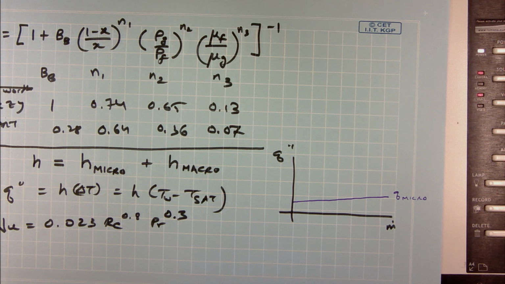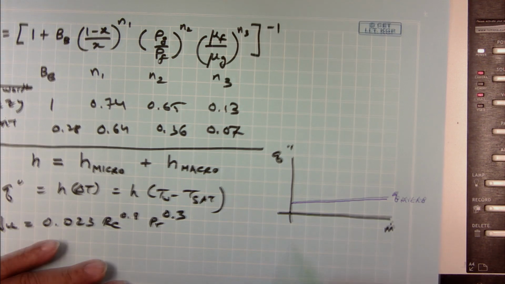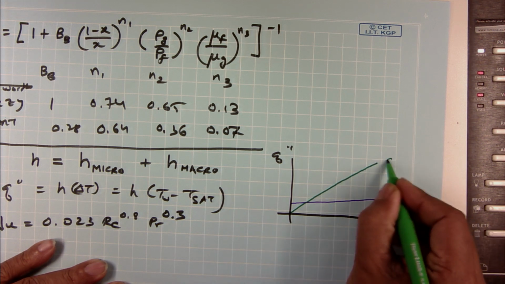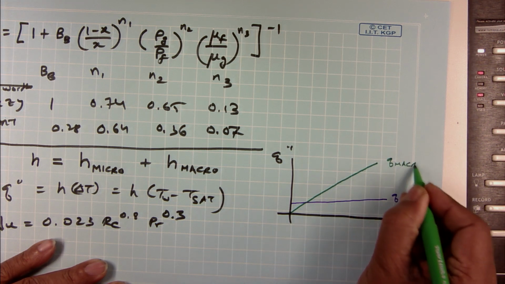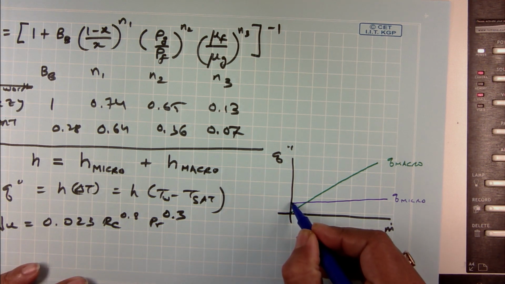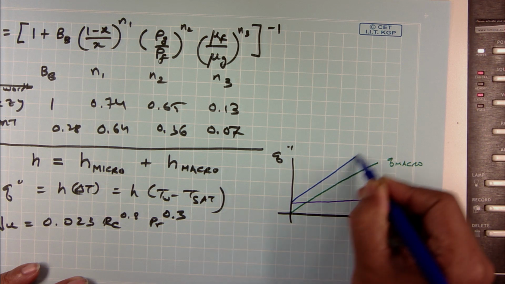But my Q macro will sort of look like this. Does that make sense? So, therefore, my Q total will look like this.